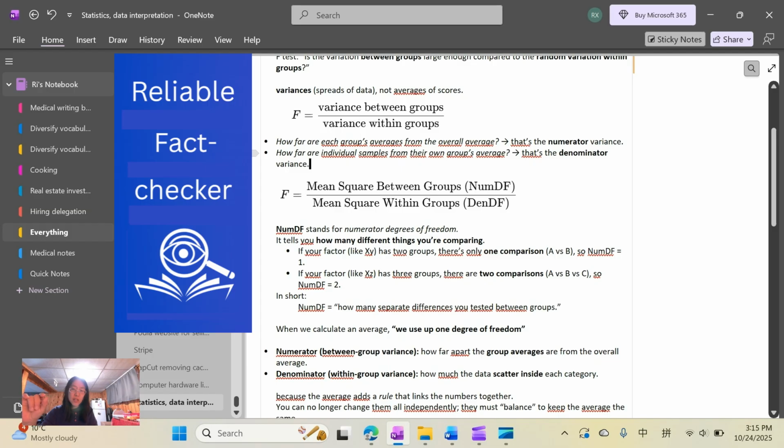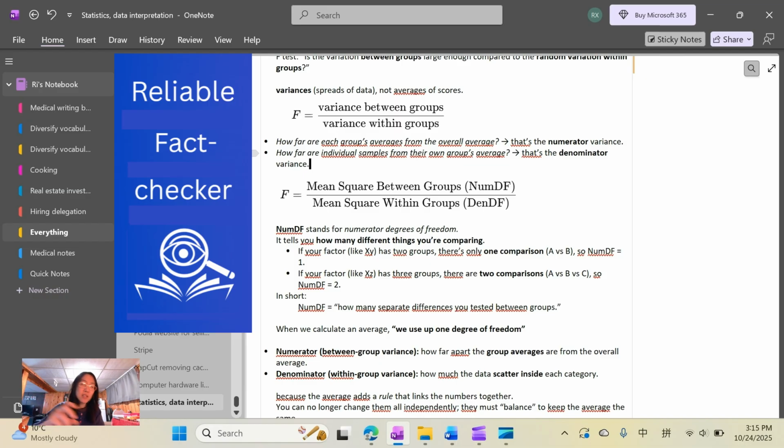Because we want to see how far each group's average is from the overall average. That's what's in the numerator. And there's also the individual samples. Let's say in each group there are three numbers. Each number, how far is it from the group's average?